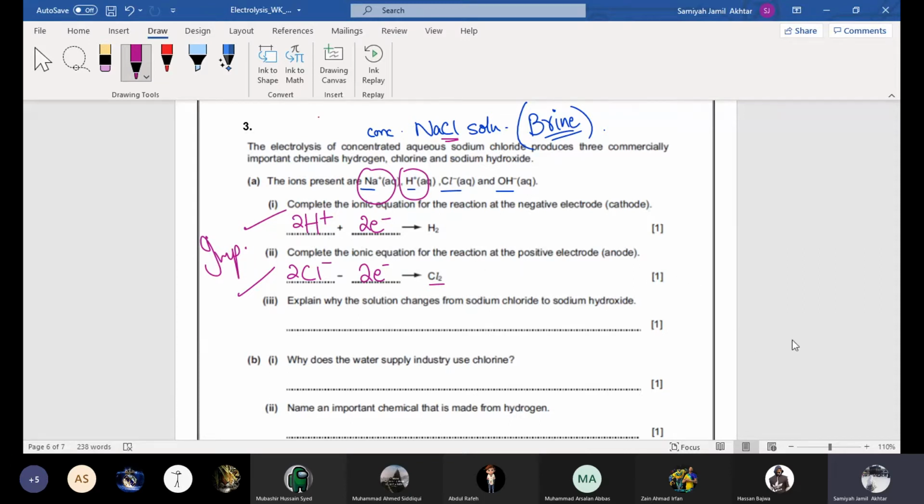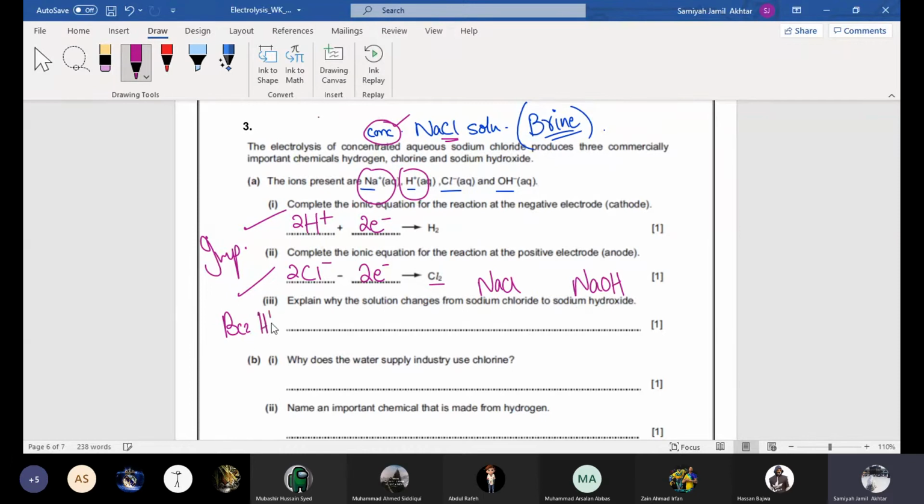Explain why the solution changes from sodium chloride to sodium hydroxide. Because the solution is not concentrated. No, it is a concentrated solution, but why does it change from NaCl to NaOH?